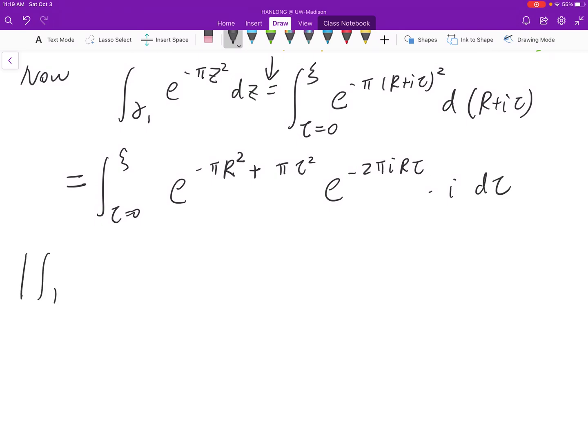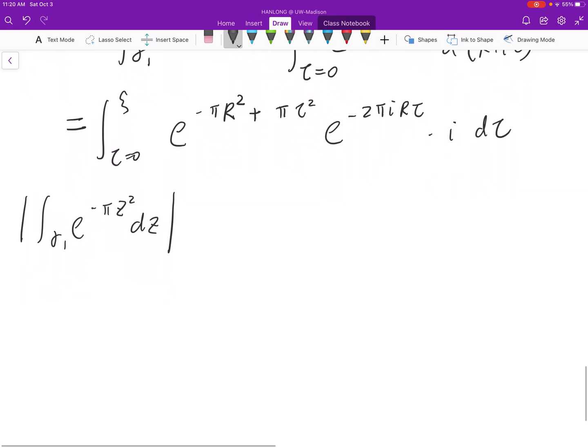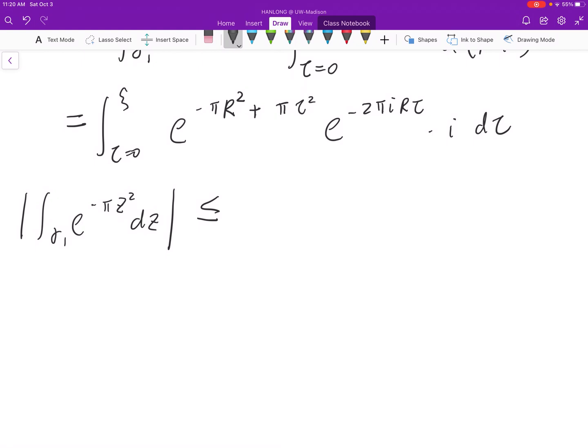Now if we estimate the magnitude of the integral along small gamma 1, then this is bounded by the integral from 0 to c of exponential negative pi r squared times exponential pi c squared times 1 d tau.